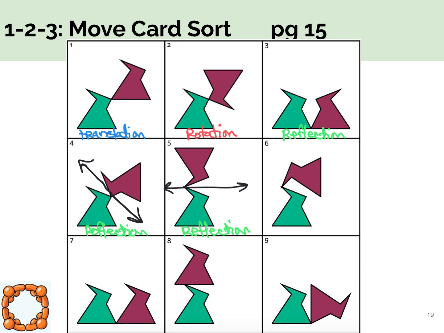Number 6 is kind of weird, but number 6 is actually considered a rotation. Number 7 is a slide or a translation. Number 8 is also considered a slide because you're kind of starting from here and sliding up.